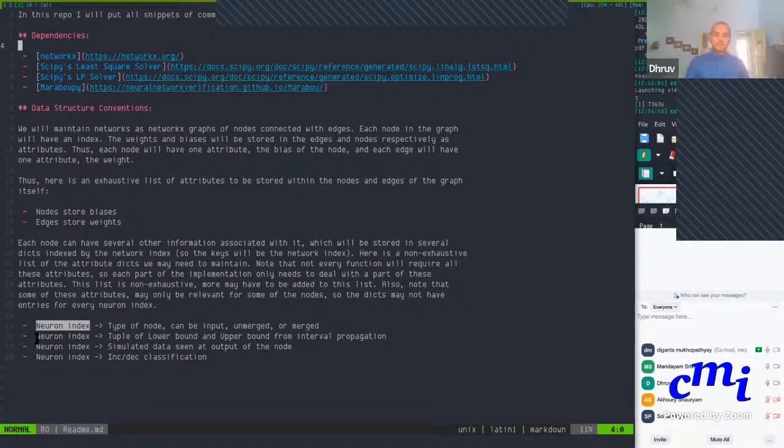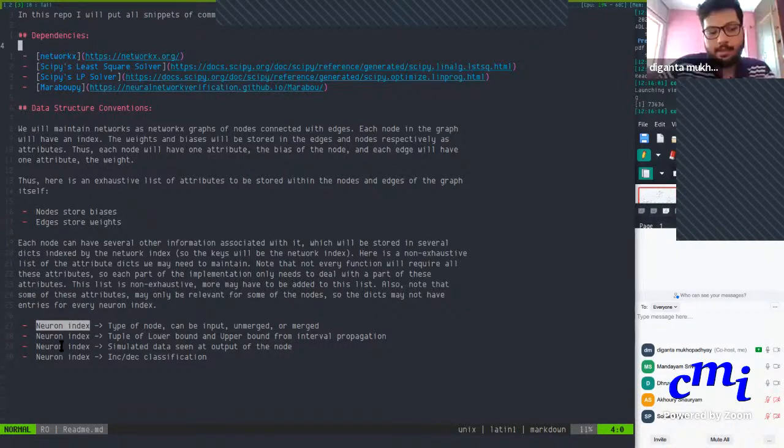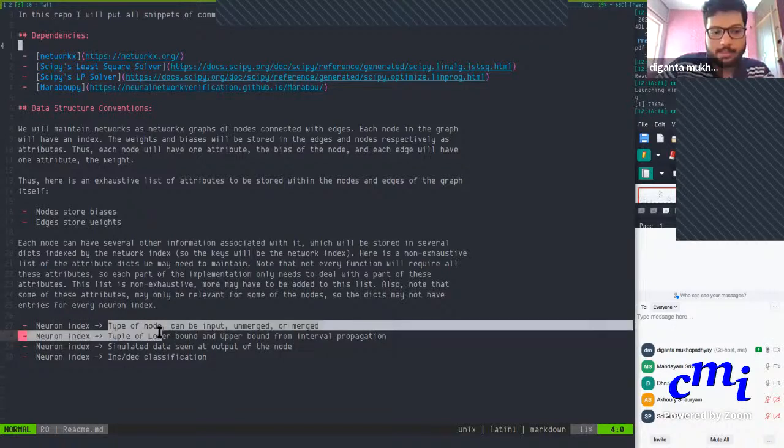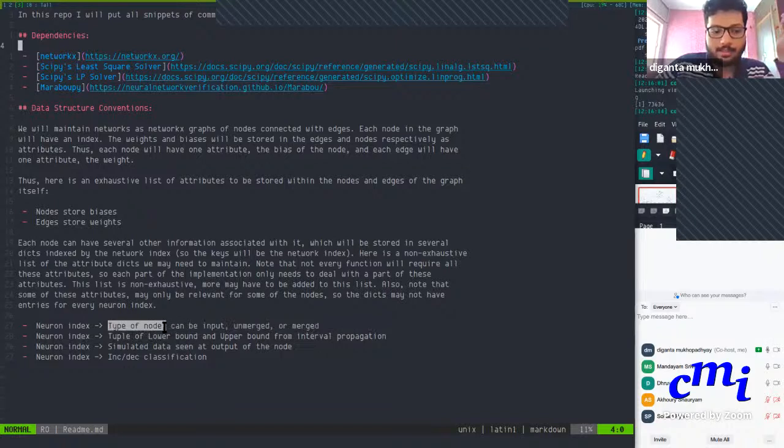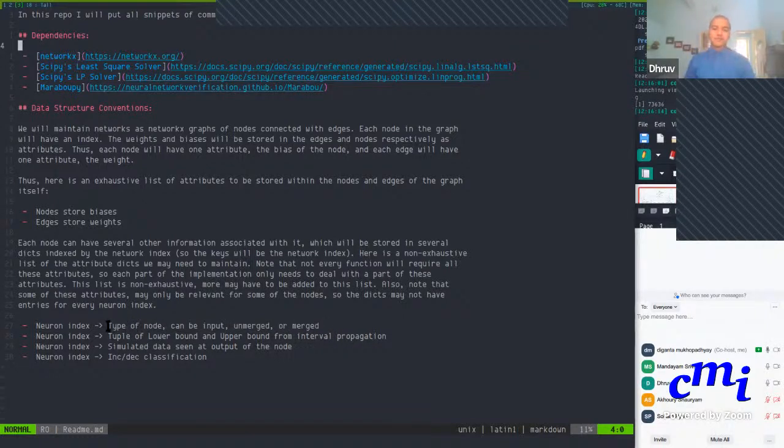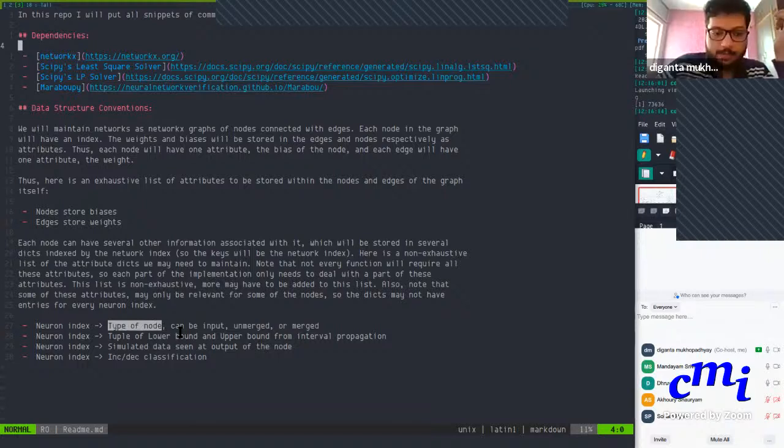Yeah. So that is your neuron index. And then the values can be various things. For example, when you're splitting, the type of the node can be one sort of data structure, whether it's unmerged or merged, right? By type of node, I mean increasing, decreasing, positive, negative, right?